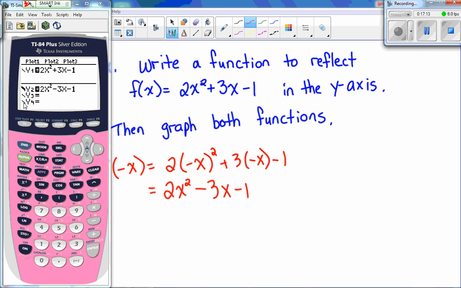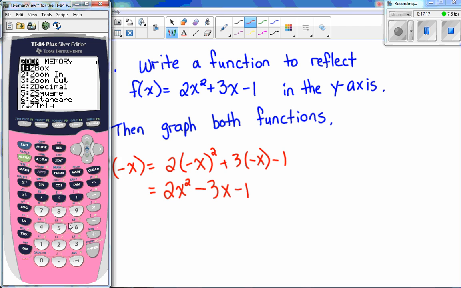So here's my 2 graphs, and if I do zoom 6 with a standard viewing window, I'll see the first one, and now I see the second one, and notice how if you rotated this around the y-axis, this piece would get reflected onto this outer piece here.